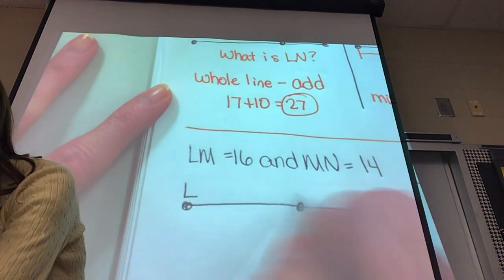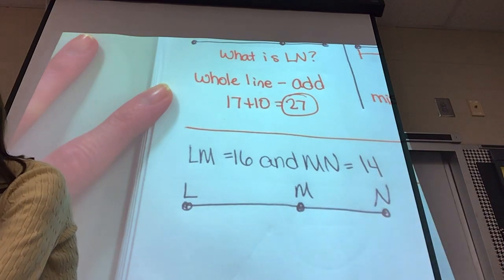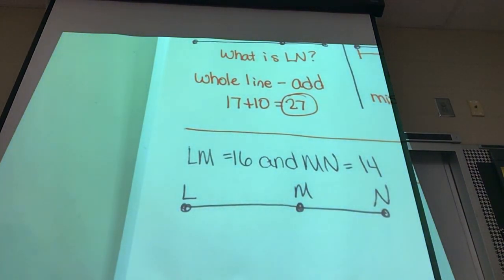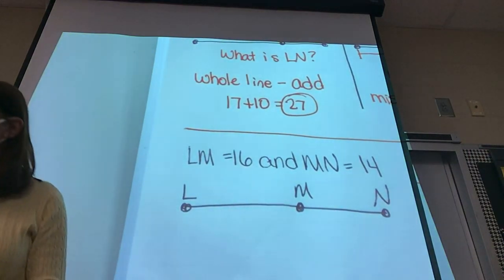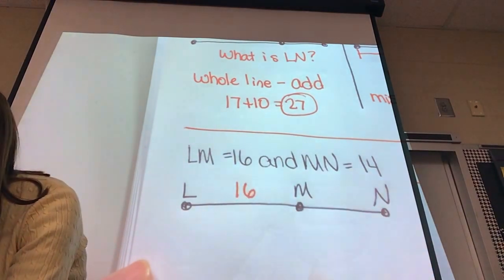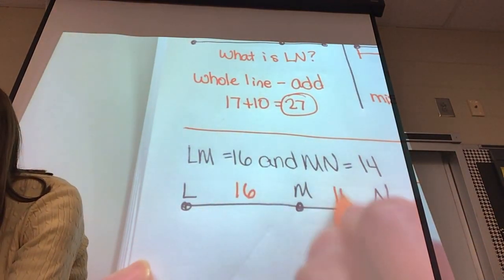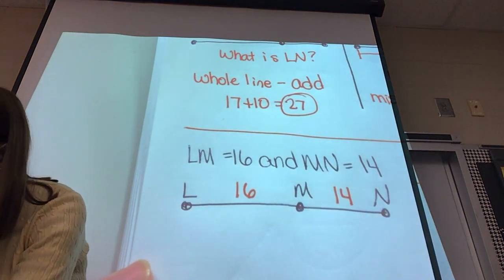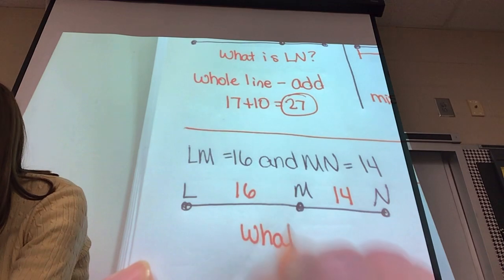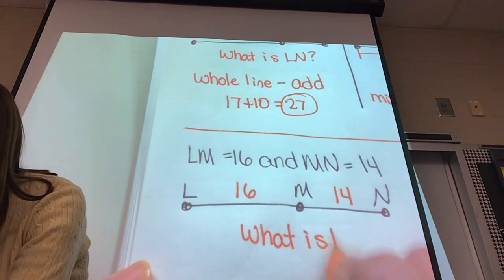So we got L, M, and N. Now most of this is already going to be drawn for you in iExcel. So L to M is 16, M to N was 14. So again, I want to know what is LN.